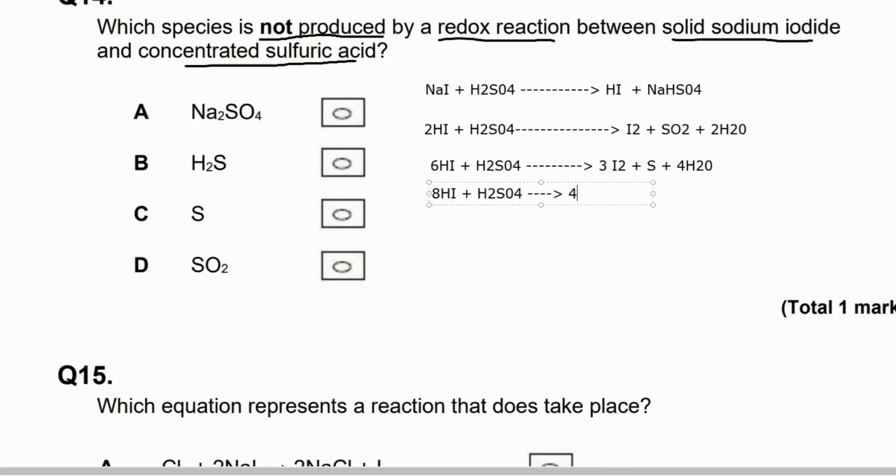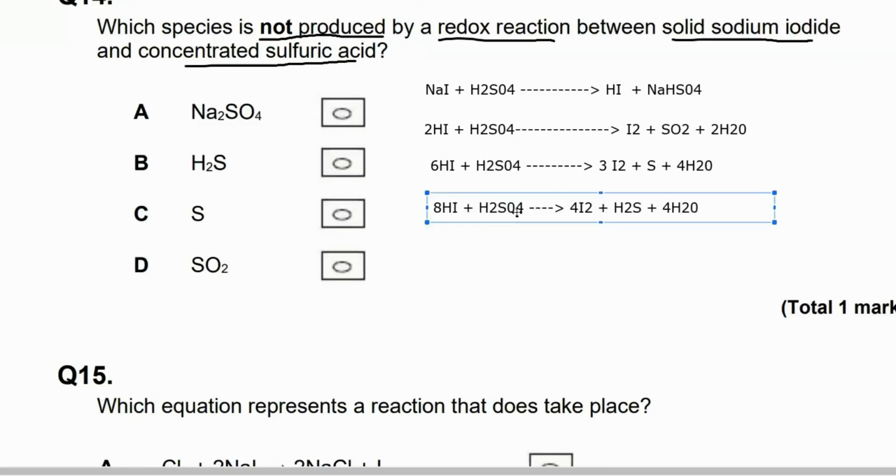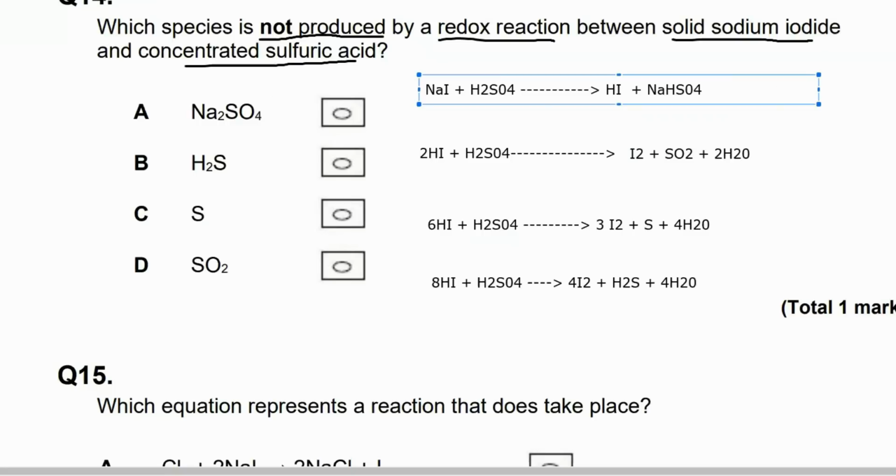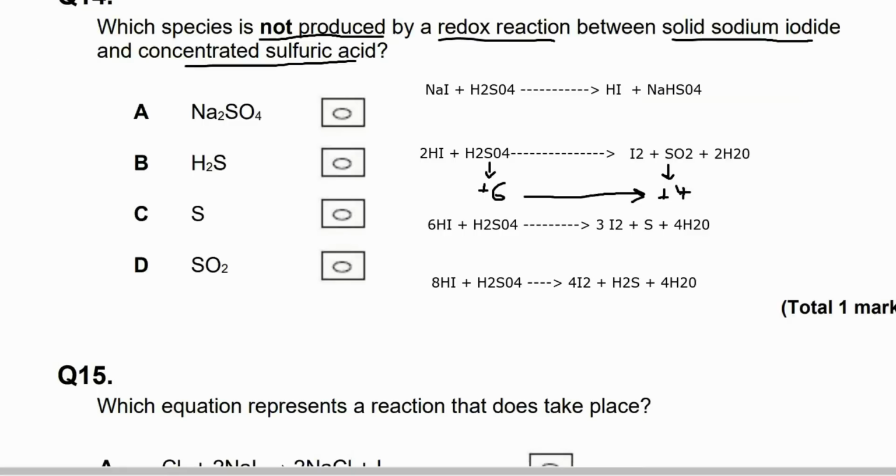And then we also have a reaction where the hydrogen iodide reacts with sulfuric acid and we get the sulfur containing gas, the smelly one, hydrogen sulfide formed, and more water as well. So which of these species is not made in a redox reaction? Well, that's anything in the top reaction, because the top one of these four reactions is not a redox.